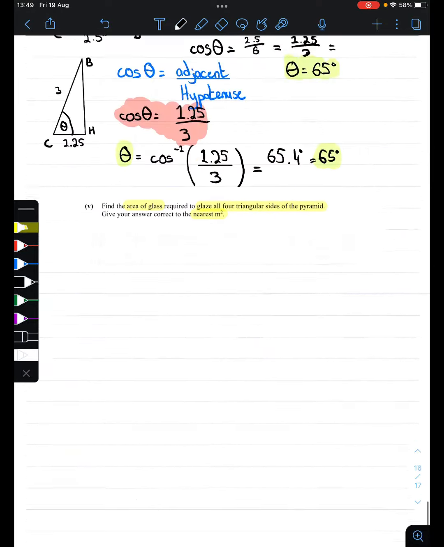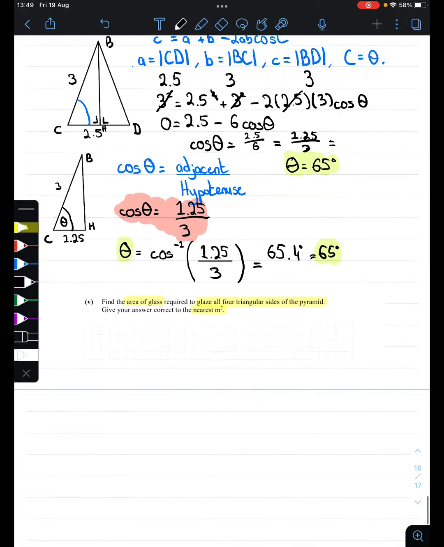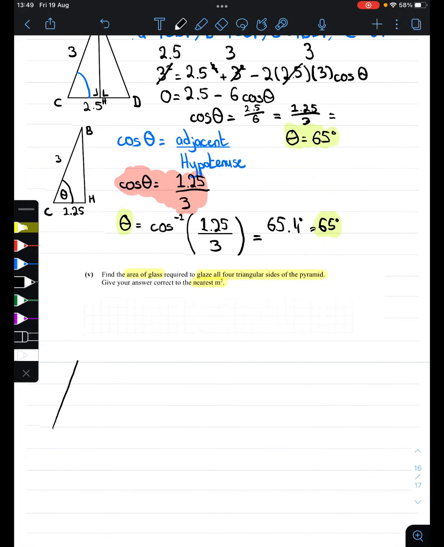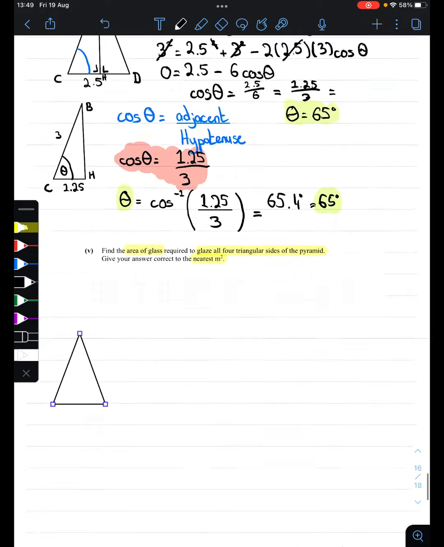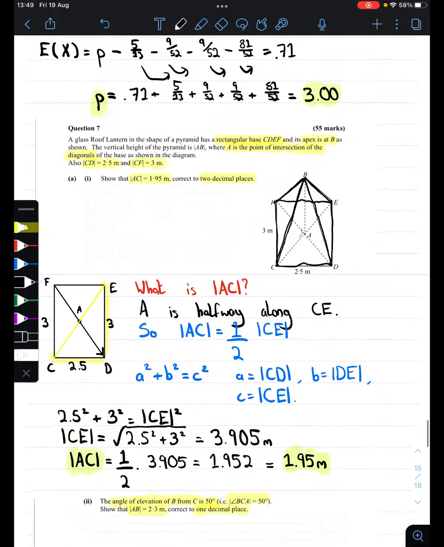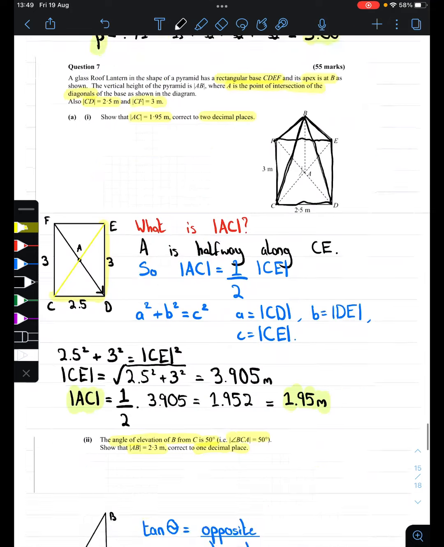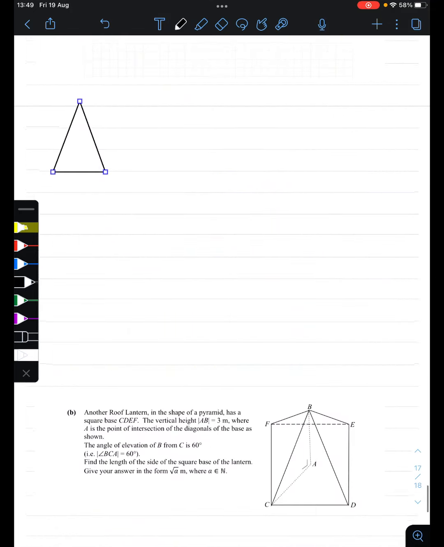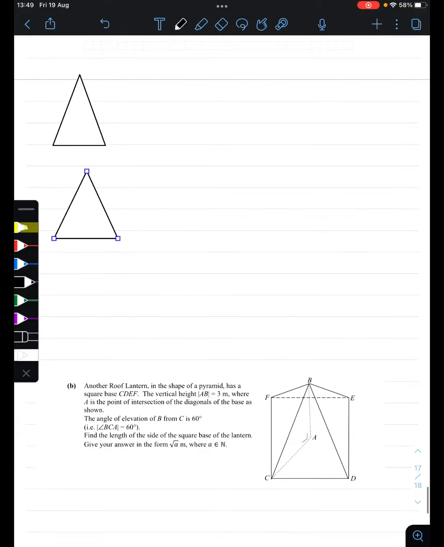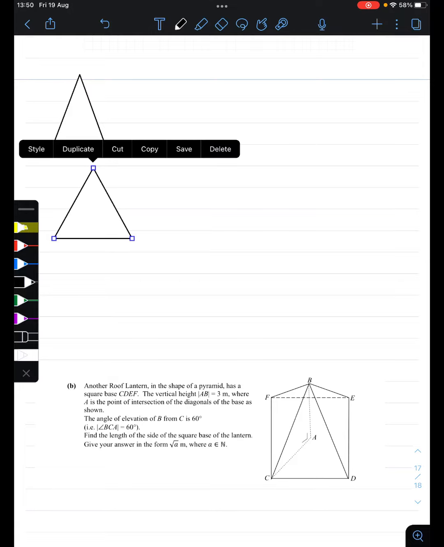The triangle that we've been looking at, BCD, and the side triangle BCF, which has a bit of a wider base.